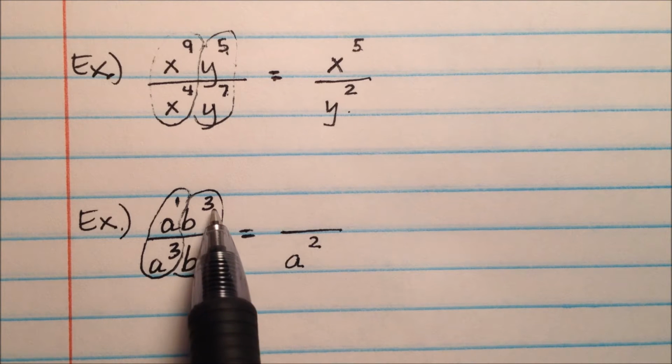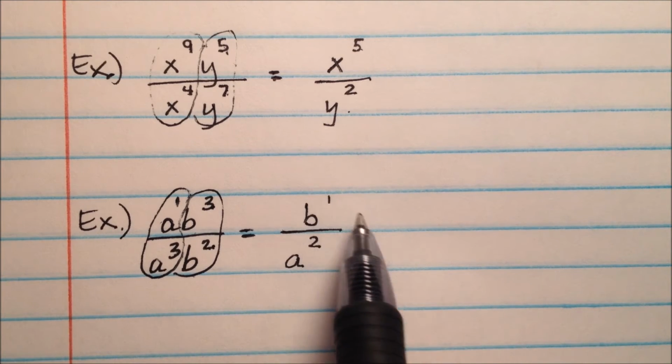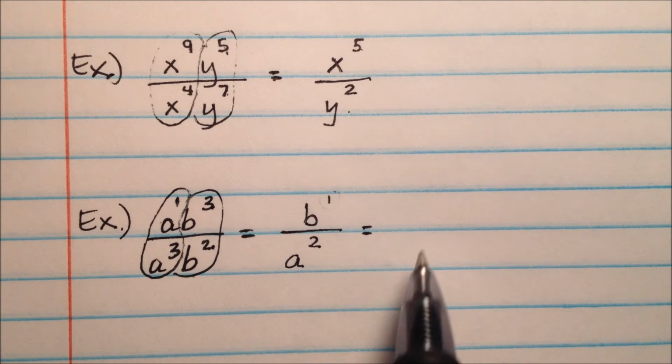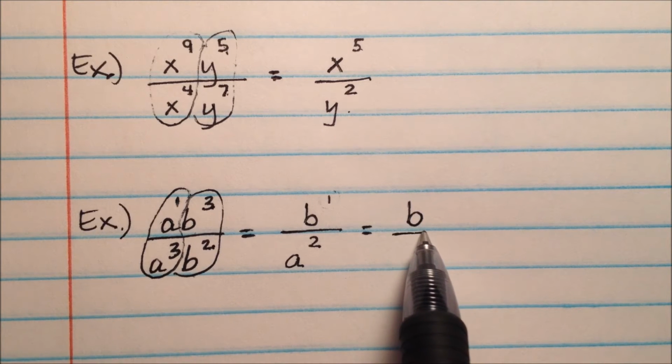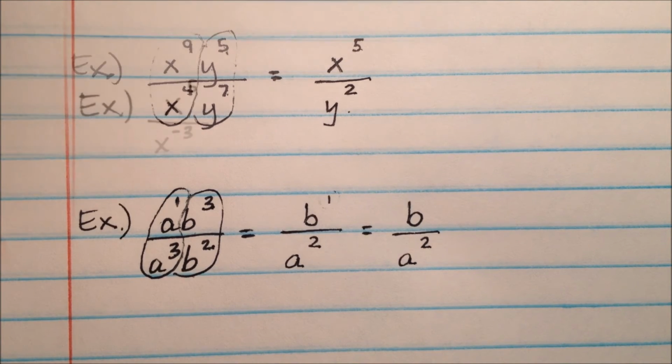And for the b's, I have b cubed and b squared, so 3 minus 2 is 1, so that's going to go on top, b to the 1. But because we don't like to have this 1 right there, because it's understood that it's going to be 1 if there's no exponent, we're going to write b over a squared, and that's my final answer.